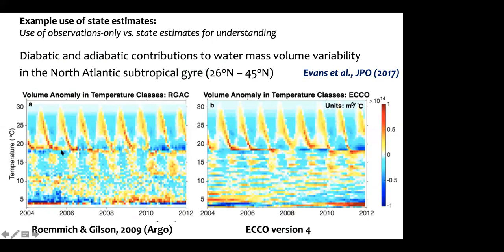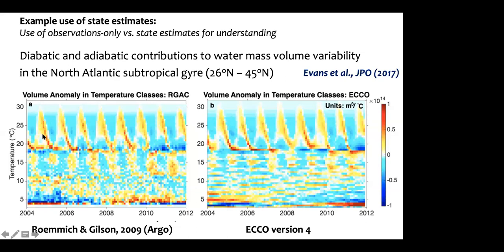This is based on Argo data, on the gridded Argo product, Roemmich and Gilson in 2009, from 2004 to 2012. This is the temperature classes, and what is shown here is the volume anomalies in these temperature classes, right? And so the 18-degree mode water is something that you see basically here, and you see these water masses residing at 18 degrees, and you see basically a seasonal cycle in the way that I've explained before, of those waters being produced.